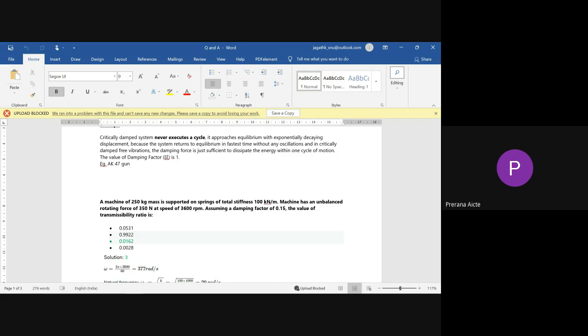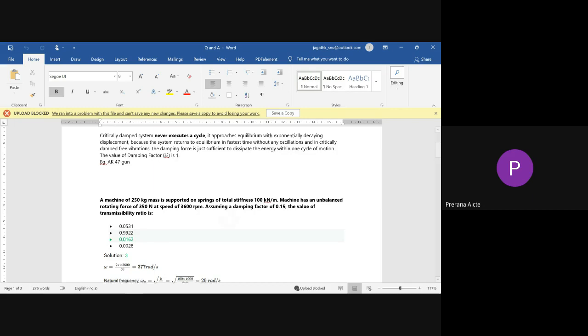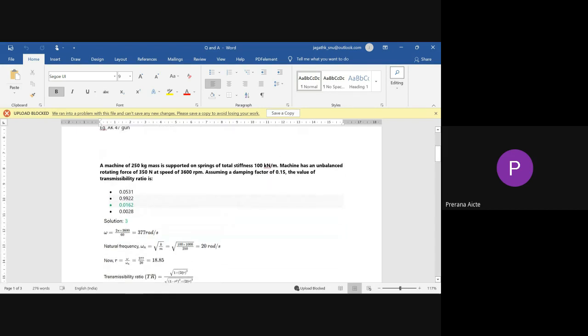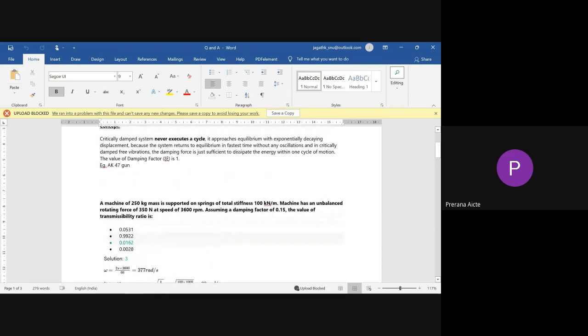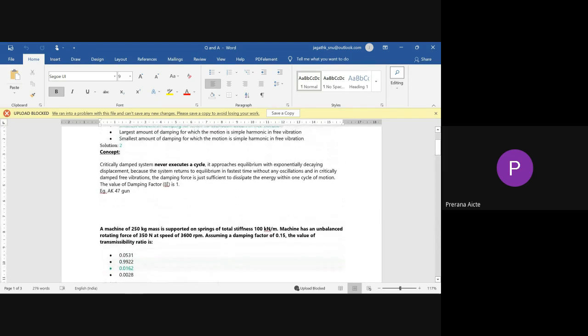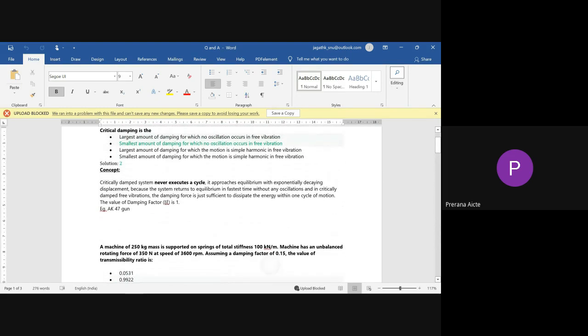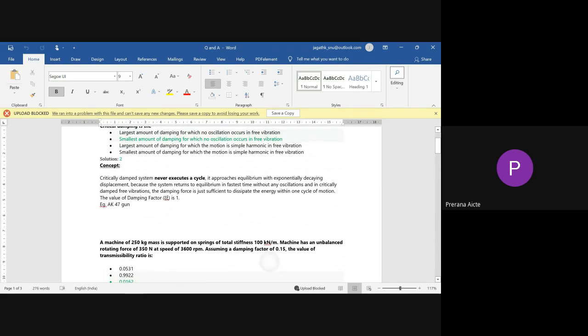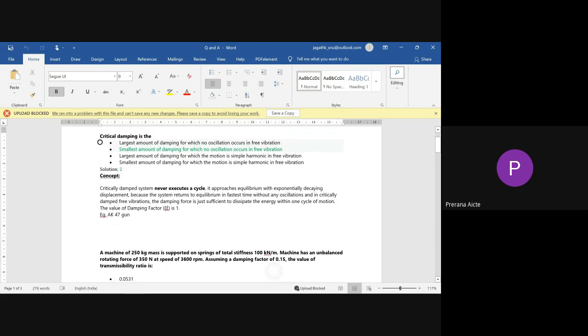So the value of the damping factor will be given as 1. And what are some real life examples you can give of a critically damped system that never executes a cycle? Okay, so the smallest amount of damping for which no oscillation occurs in free vibration is called critical damping.